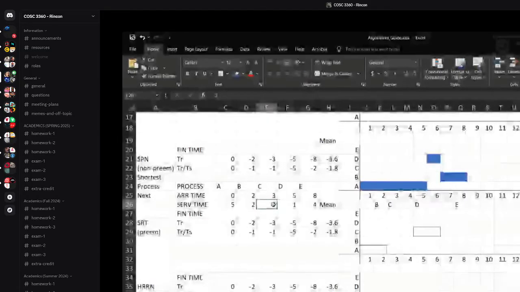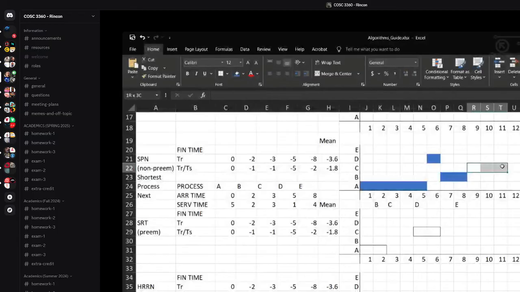That's C, because 3 is smaller than 4. So we need to run C next. And then lastly, we need to run the entirety of E, because E only has 4 service time.